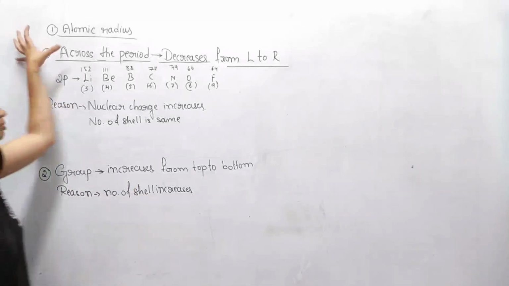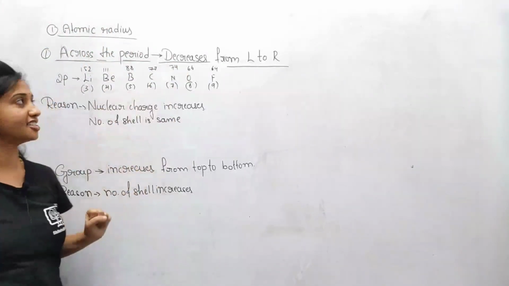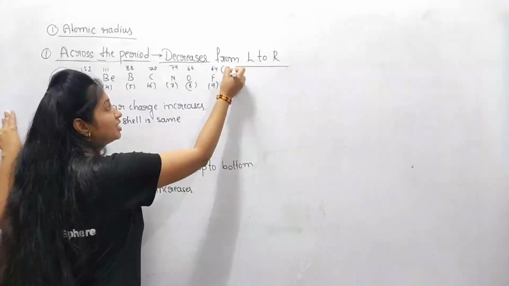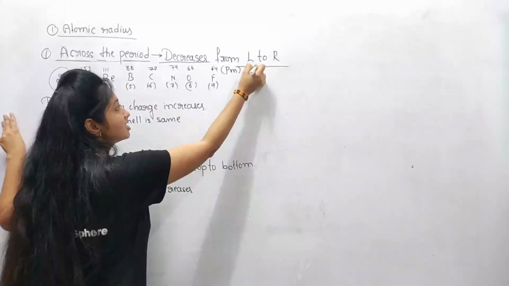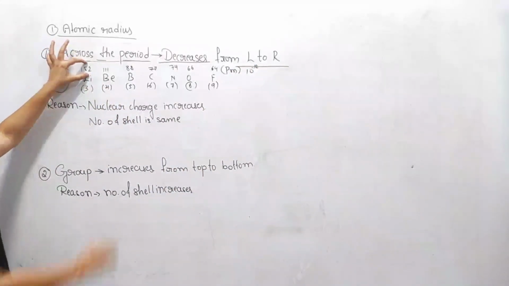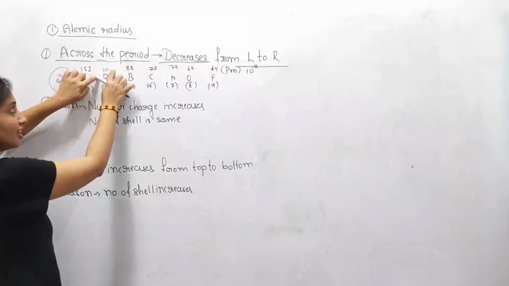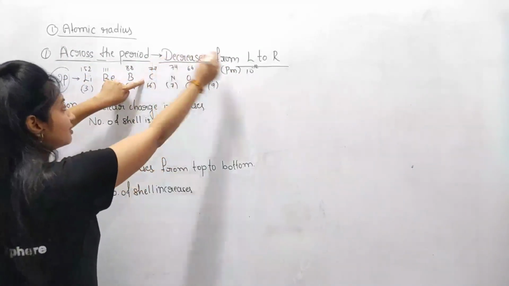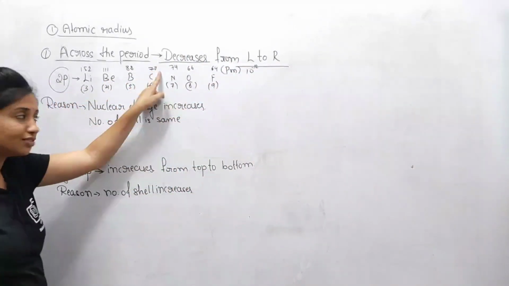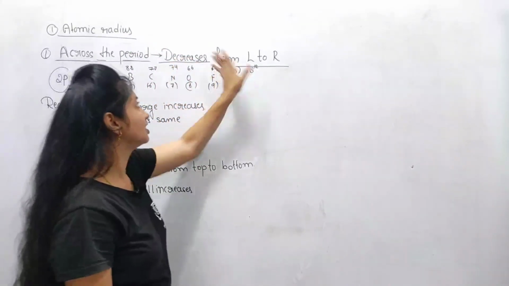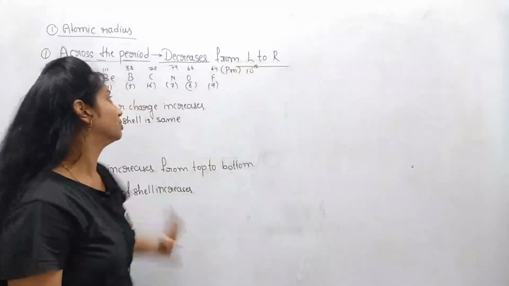Here atomic radius is measured in picometers, meaning 10 raised to minus 12. So lithium has 152 picometer, beryllium 111 picometer, boron 88 picometer, carbon 77 picometer, nitrogen 74 picometer, oxygen 66 picometer, and fluorine 64 picometer.